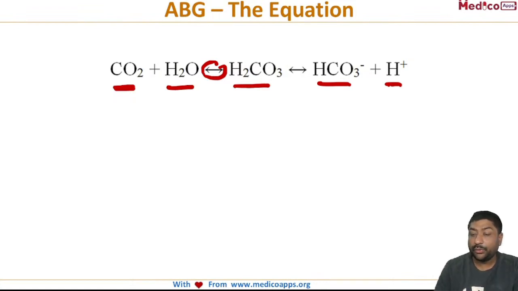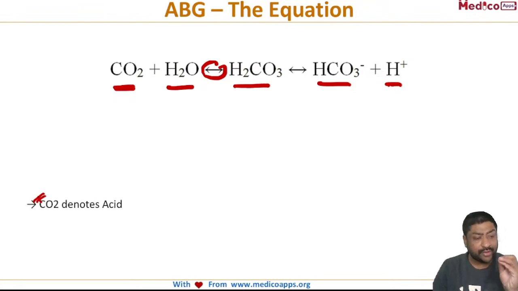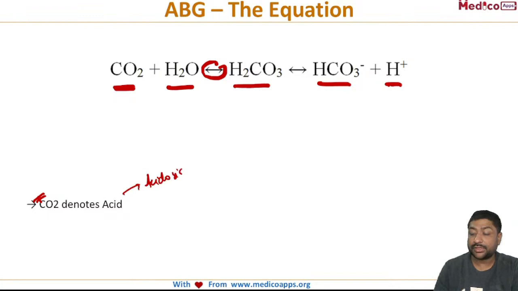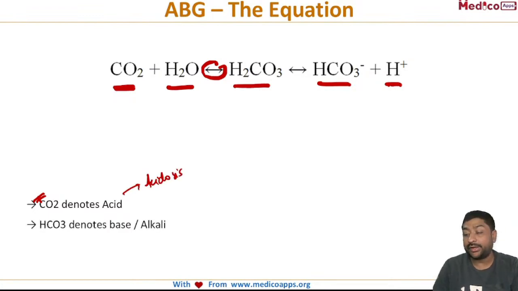Now, what I want you to remember from an exam point of view is that carbon dioxide always denotes acid. So whenever carbon dioxide is increased, it will be acidosis. Similarly, bicarbonate denotes alkaline. So whenever bicarbonate increases, it will be alkalosis.